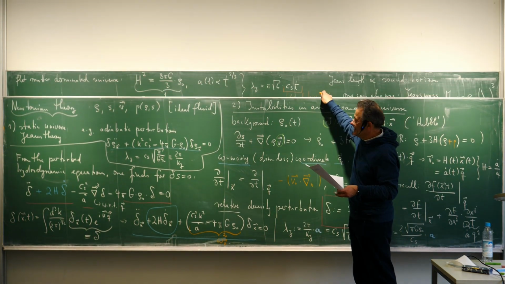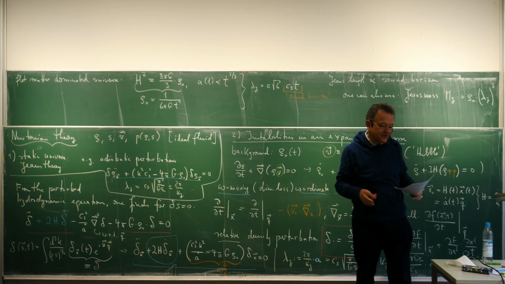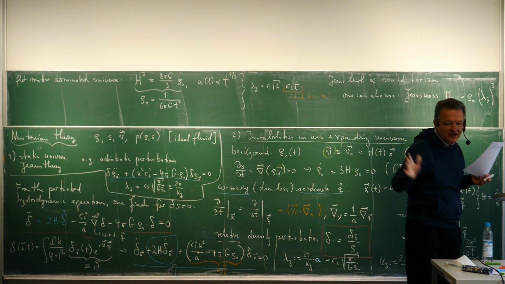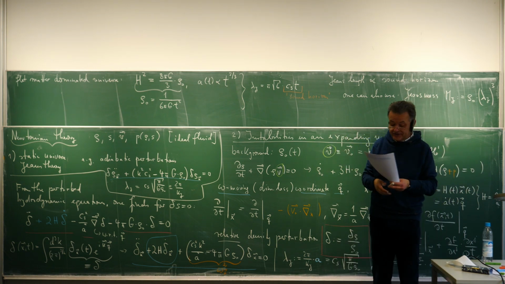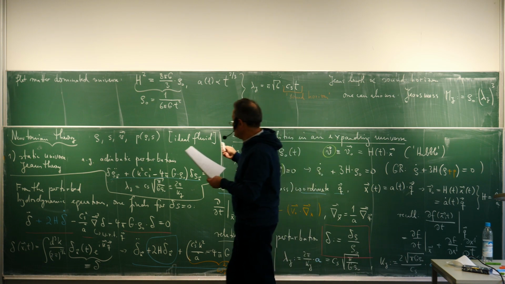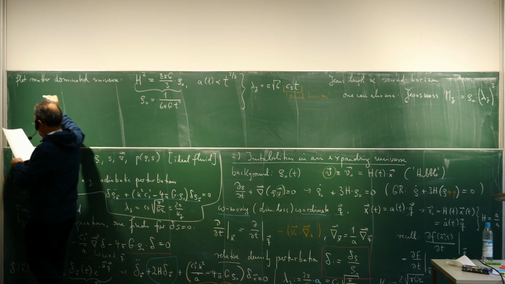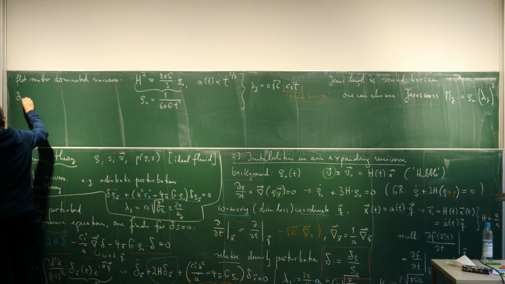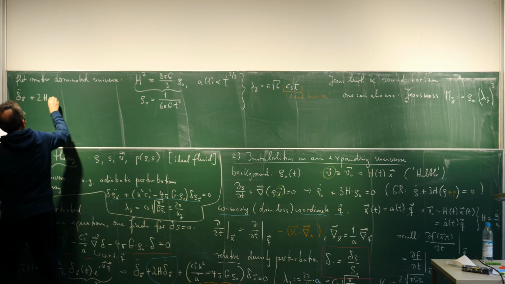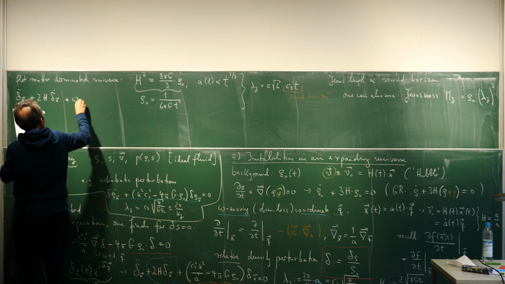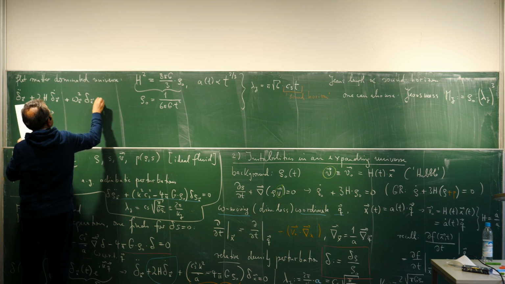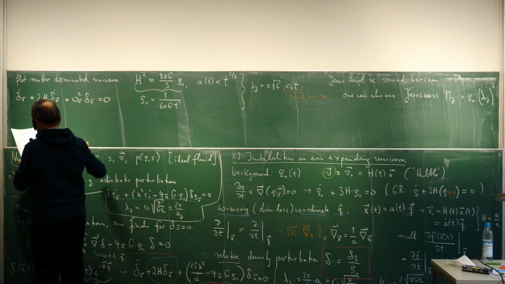And it's not surprising that such equations emerge, because we have the restriction for small perturbations. So we had this, let me write it down again. So δ_k double dot plus 2H δ_k dot plus ω_k squared δ_k is equal to 0.